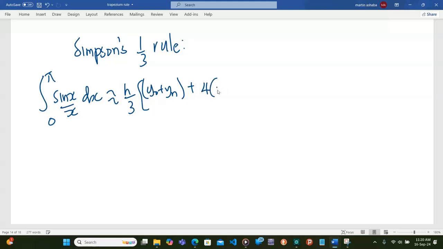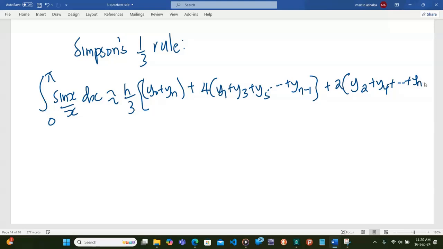So 4 into y1 plus y3 plus y5 up to plus yn minus 1. Then plus 2 for the indices that are even. So we will multiply by 2: 2 into y2 plus y4 plus up to plus yn minus 2.